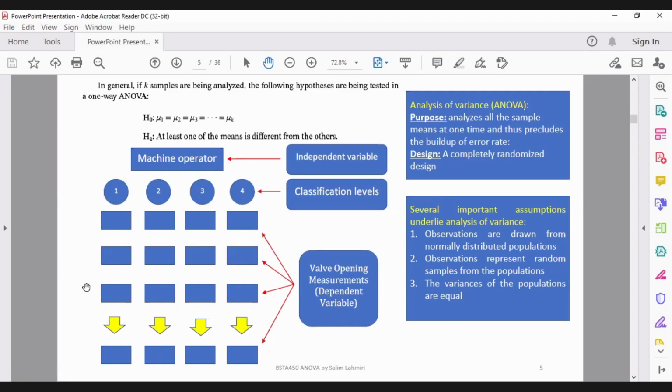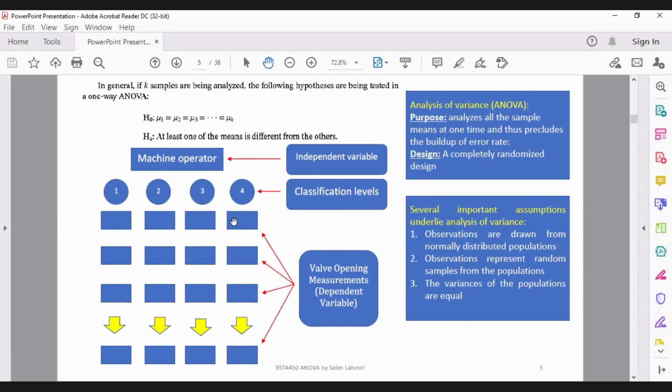So we need to calculate the mean under each experiment, and we need to check if the mean of measurements under experiment 1 is equal to the mean of measurements under experiment 2, is equal to the mean under experiment 3, is equal to the mean under experiment 4. Okay? So the purpose is to analyze all sample means at one time and to build up error rates.